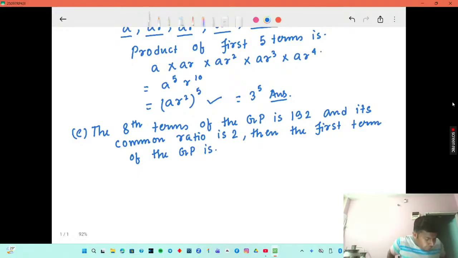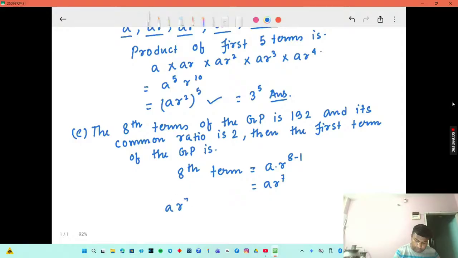In order to find the eighth term of the GP, we will write: eighth term is equal to a into r to the power 8 minus 1, which is a into r to the power 7, and this is equal to 192, because here it is given that the 8th term of the GP is 192. So a into r to the power 7 is equal to 192.